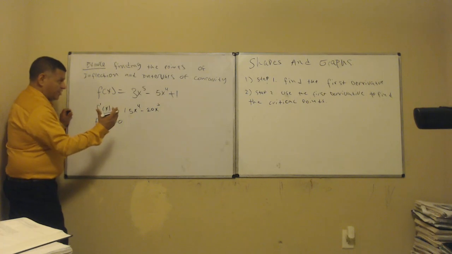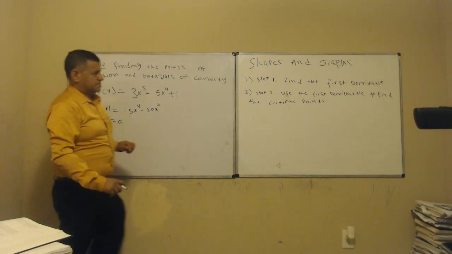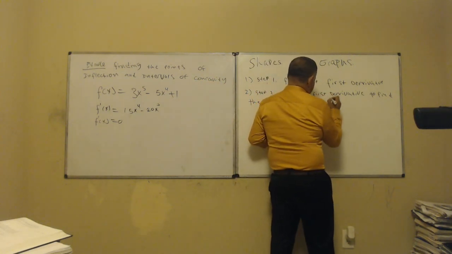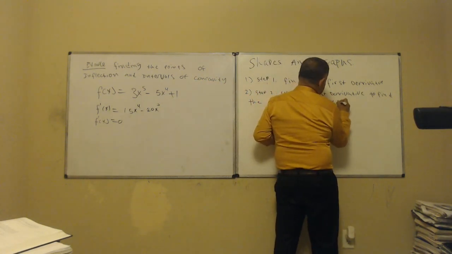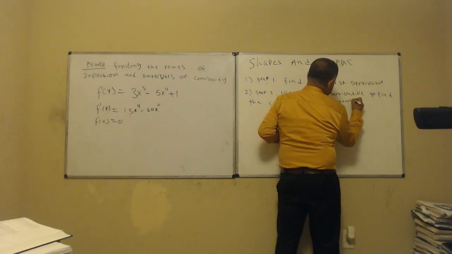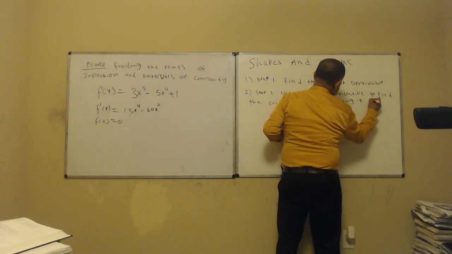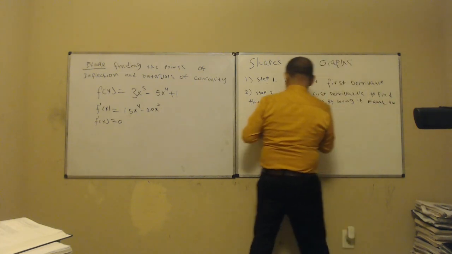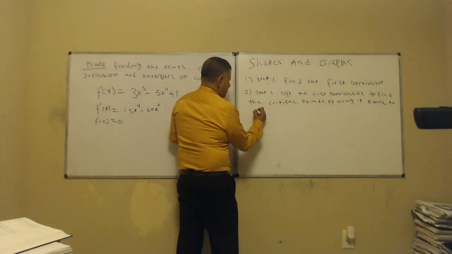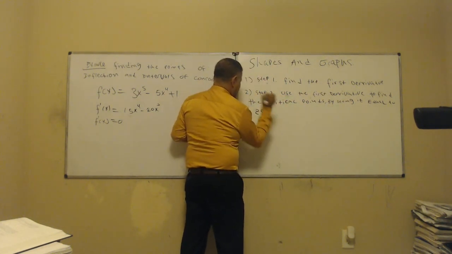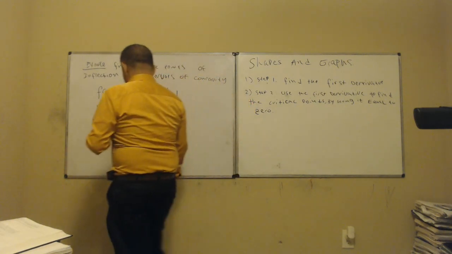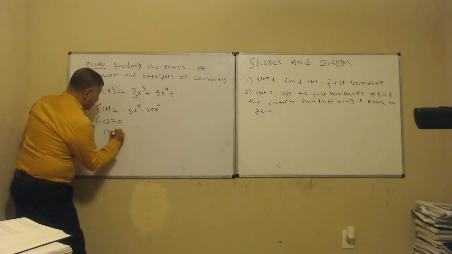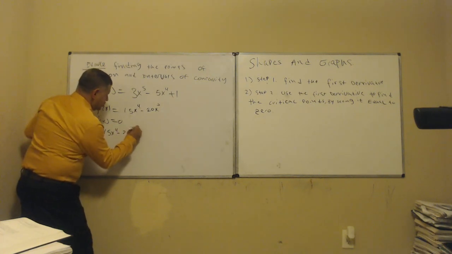In order to find the critical points, I take this, make it equal to 0, and I get 15x to the fourth minus 20x cubed.